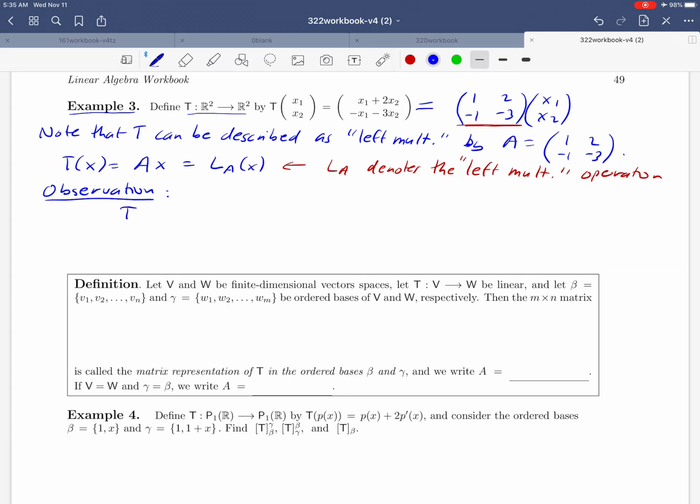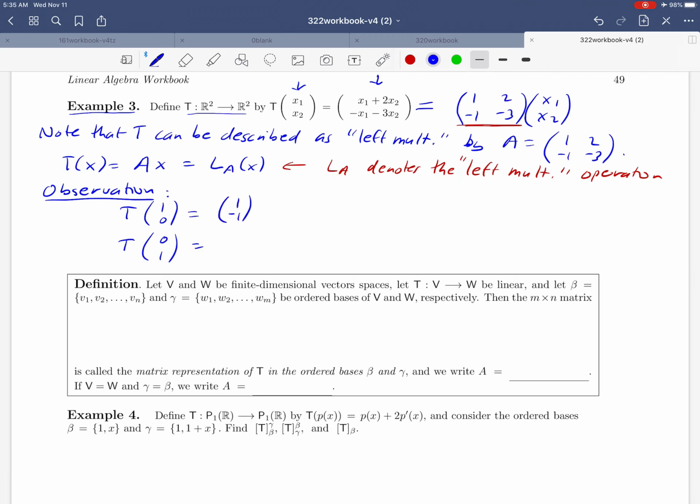Notice what happens if you plug in the two standard basis vectors for R2. If we take T of 1, 0, then x1 is 1 and x2 is 0. If we go over here to our definition, make x1 1 and x2 0, we're going to get out 1 and negative 1.